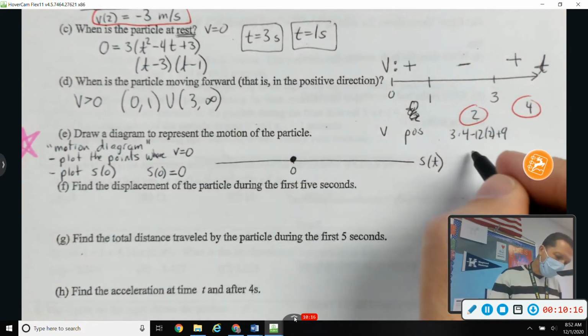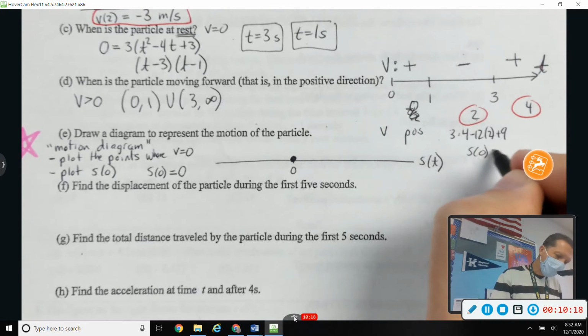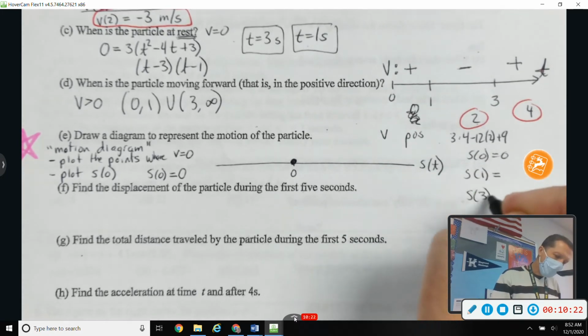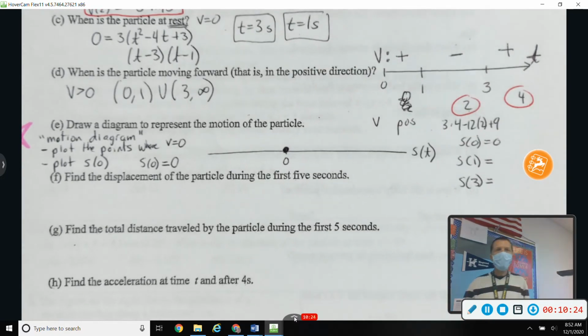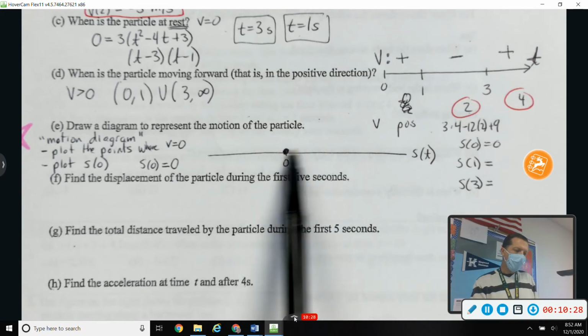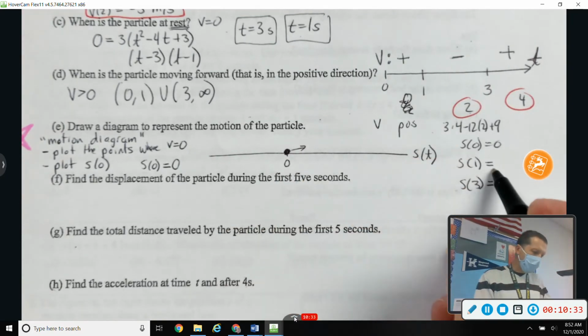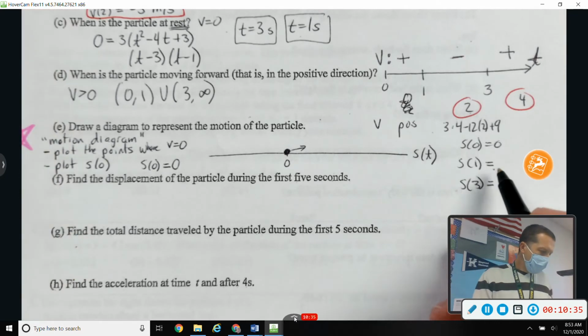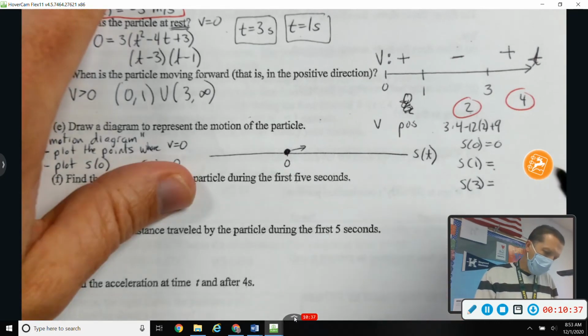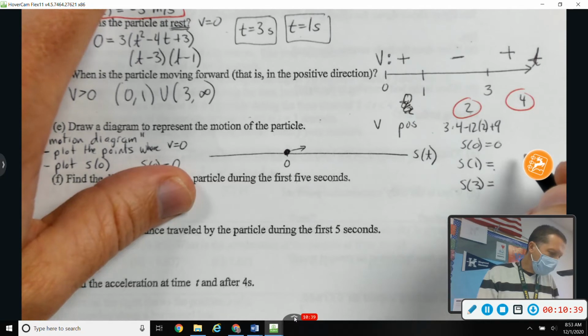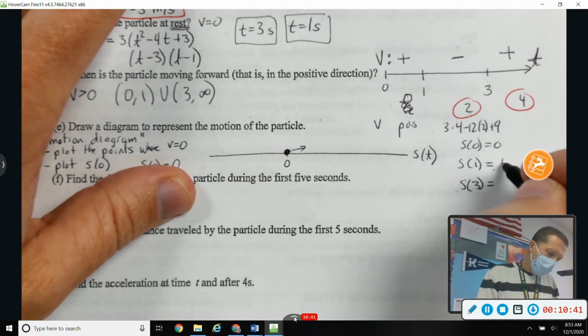So I also want to find S of 1 and S of 3. Because I know it's positive until I get to 1, so I know it's moving to the right. I just don't know how far until I find S of 1. So that would be 1 minus 6 is negative 5, plus 9 is 4.